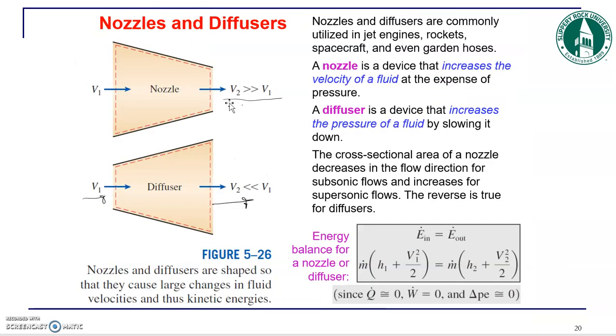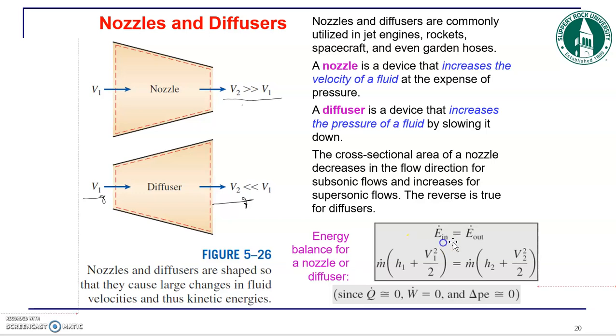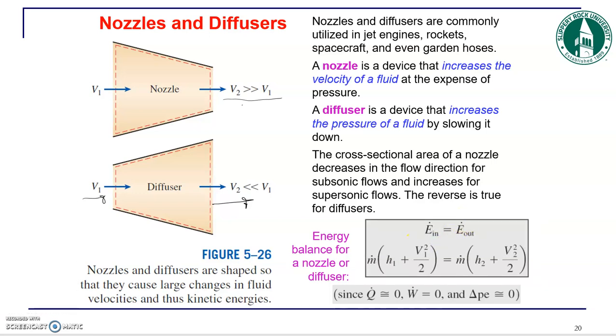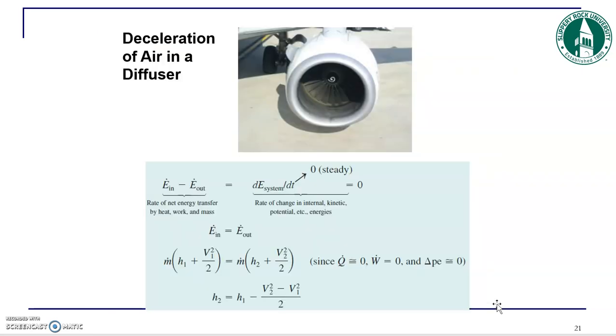So if you look at the equation on this slide, you can see that energy in is equal to energy out, and then you have to write the equation for the entrance, any inlet, and write the equation for the exit, put them equal to each other, and that's what you get, right? Now usually one of the velocities is much lower than the other velocity, so you can ignore that velocity too. Okay, we'll do an example on that.